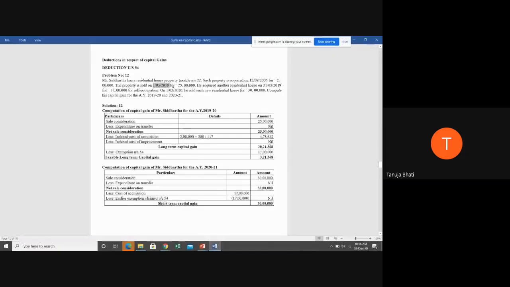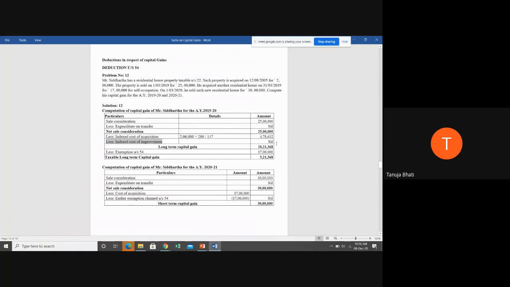He is transferring in the year 2018-19, so if you see the cost inflation index, it is 280, divided by CII of the year of acquisition. He has acquired it in 2005-06, so if you check the table, the cost inflation index is 117. So the indexed cost of acquisition comes to 4,78,632.